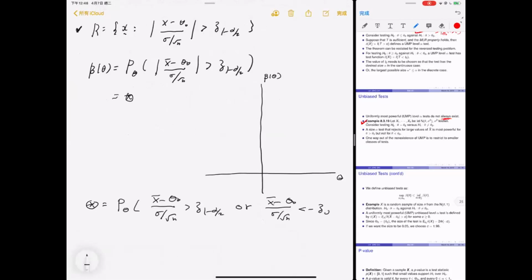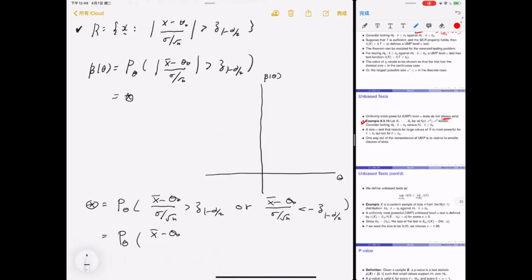This is one side, bigger than z 1 minus alpha over 2. The other side is the other way around, with a minus. That means bigger or smaller, and I'm going to reject. So for theta right here, because of the or, I can write it as a plus.